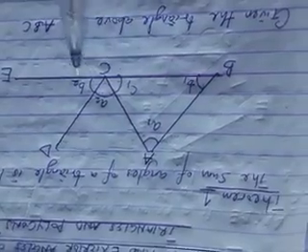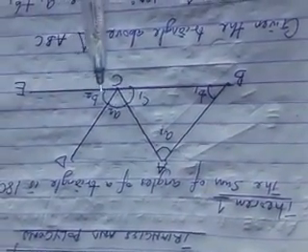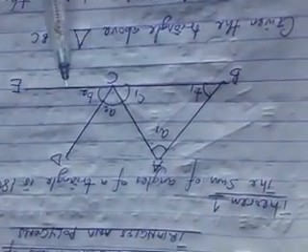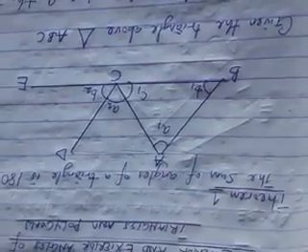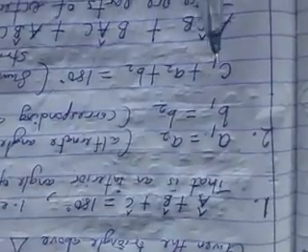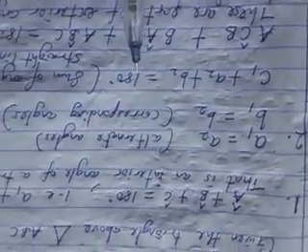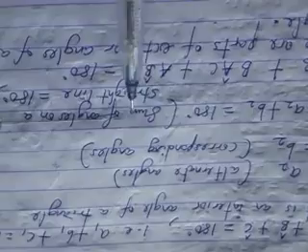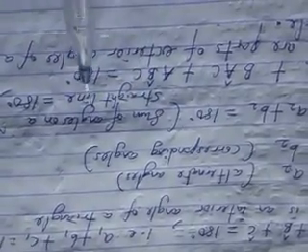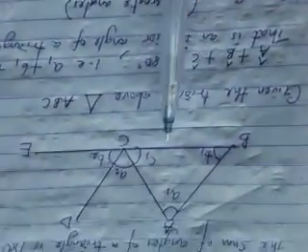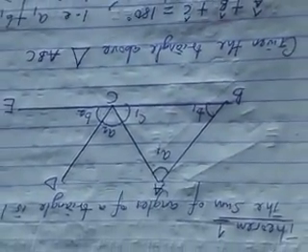Now, this rule says that sum of angles on a straight line equal to 180 degree. Look at it here. C1 plus A2 plus B2 is 180 degree, which says what? Sum of angles on a straight line equal to 180 degree. Don't forget, it is on a straight line.